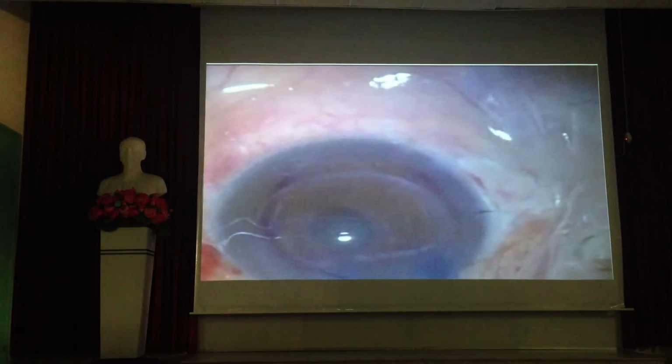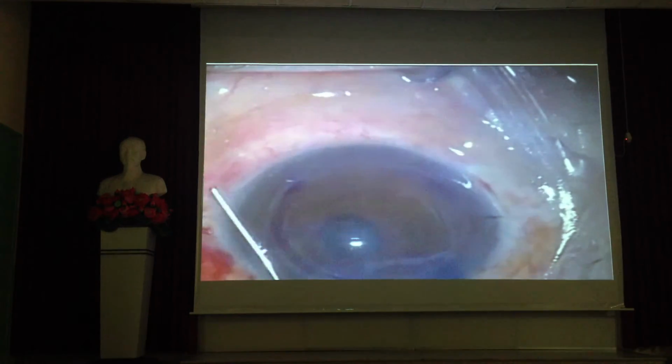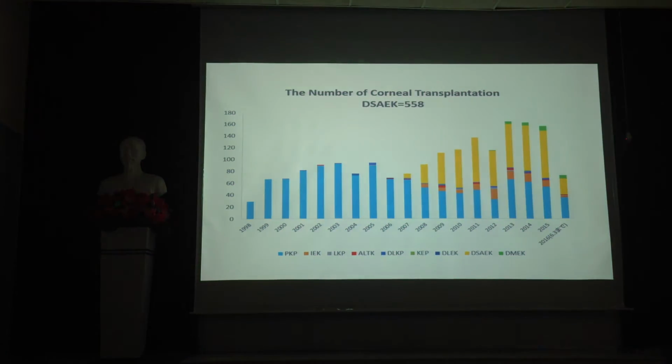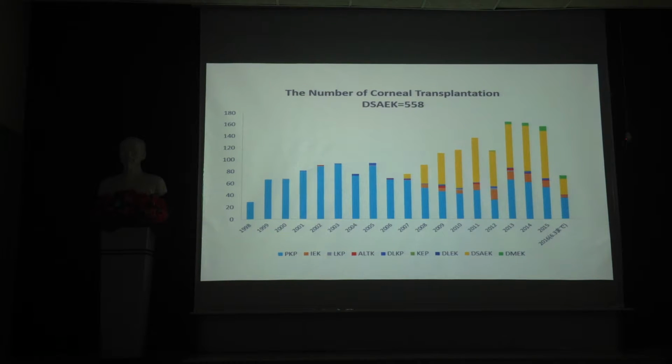So we use the Busin glide anyway, and inject air or saline. We started in 2007 or so. Now in about 50% of the cases we perform DSAEK. In total, we have performed about 500 cases of DSAEK or so.